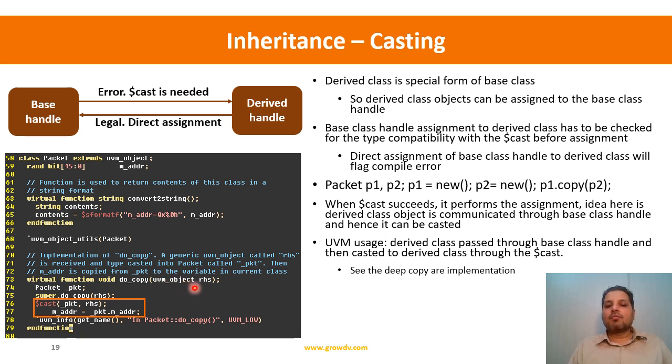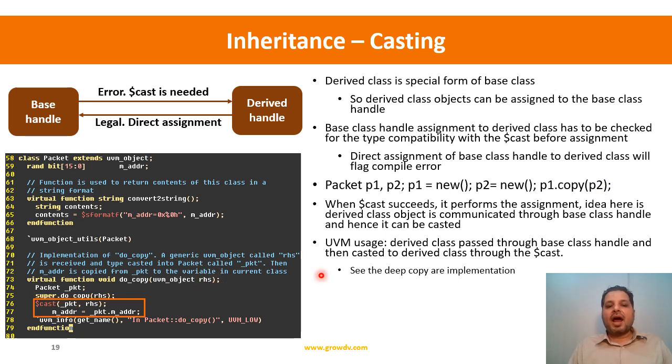So it's still a UVM object. I am saying RHS, but what I am passing as an argument is a derived class object. That derived class object that I had created is traversing through a base class handle, RHS.